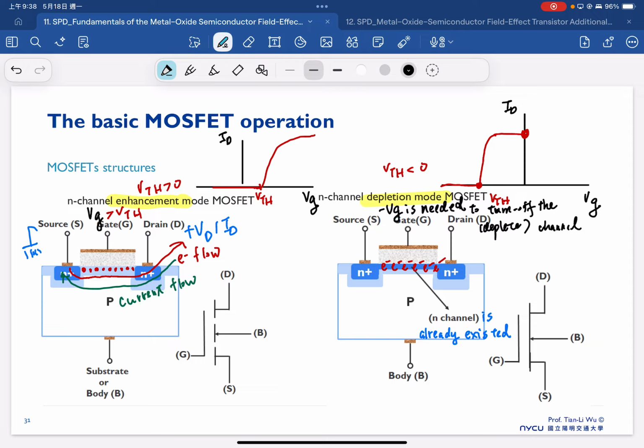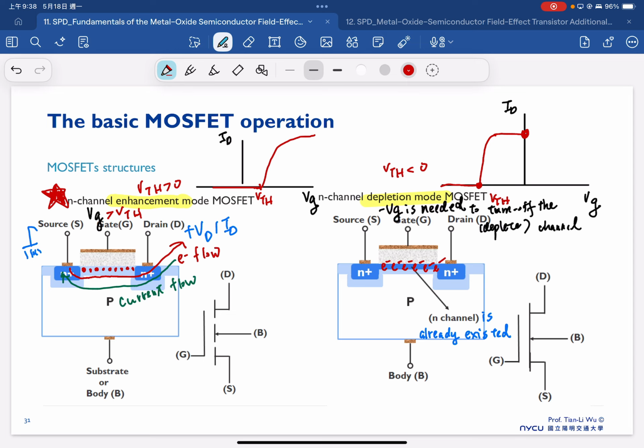In most cases, when we consider a MOSFET, we normally consider an enhancement mode, because normally we don't want to have current even when we don't give any bias. On the right hand side is the depletion mode. At VG equal to 0 volt, we already have current.